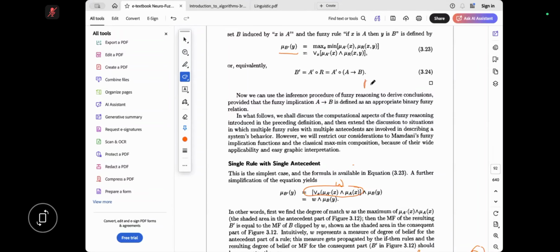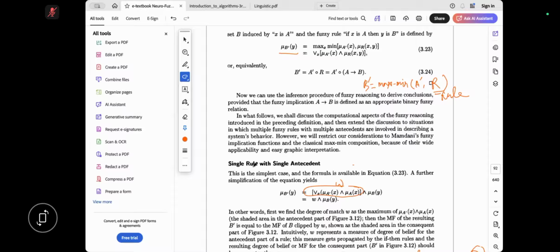To get B, I take the maximum composition between A and R, then for B dash I have to use A dash. Yes or no? This much is the concept because the relation will not change. Relation means this is the rule. The rule will not change, so applying the rule to the negation, I'll get the negation. Are you following? Yes, sir.